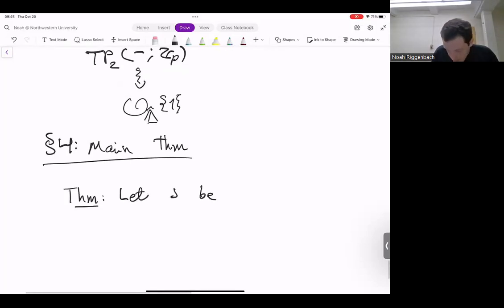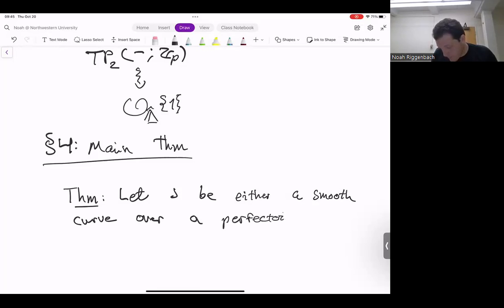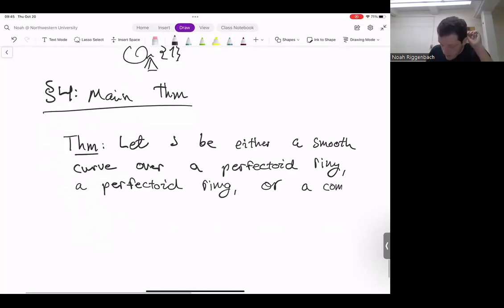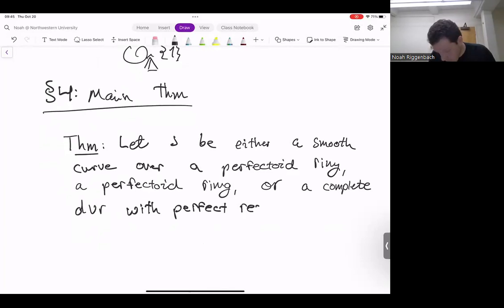Let S be either a smooth curve over a perfectoid ring, a perfectoid ring, or a complete mixed characteristic DVR with perfect residue field, such as Z_p, because I'm working one prime at a time.